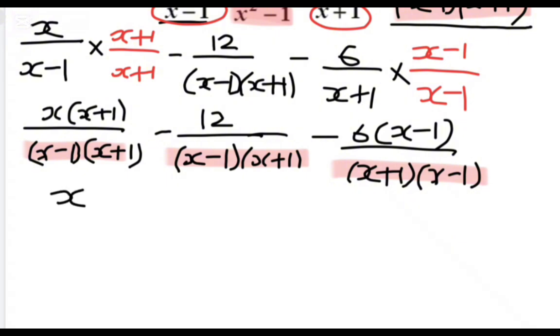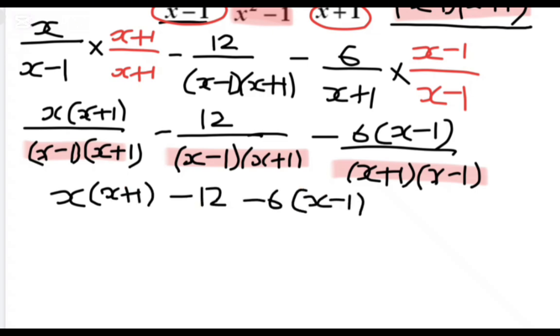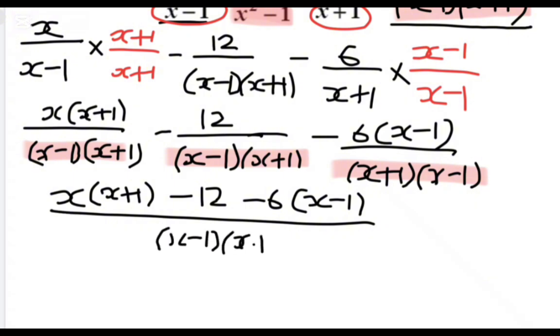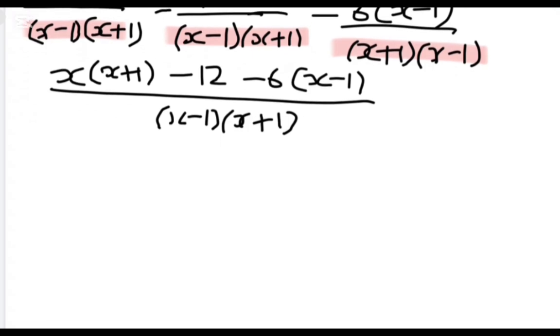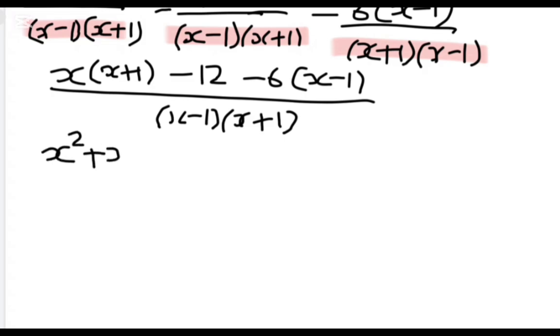So we're going to have x plus 1 minus 12 minus 6 times x minus 1, divided by x minus 1 and x plus 1. Perfect. Now we can simplify the top part. How can we simplify this? x multiplied by x is going to give us x squared, and x multiplied by 1 is going to give us x, minus 12, minus 6.